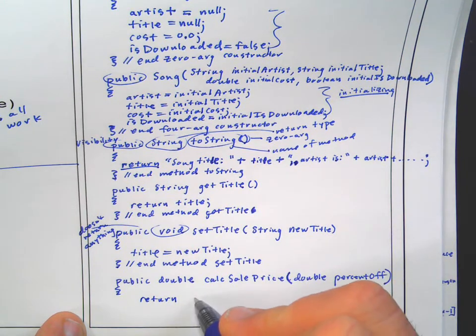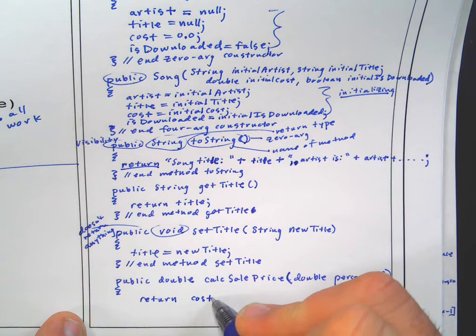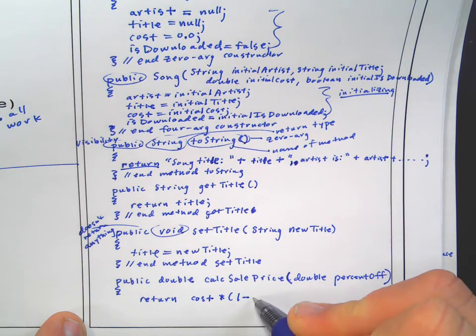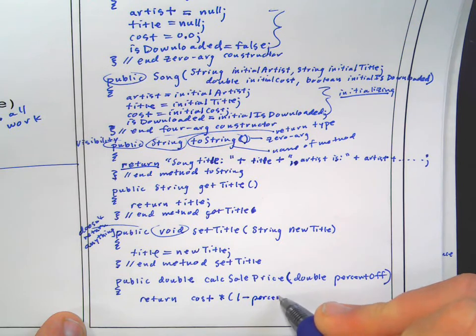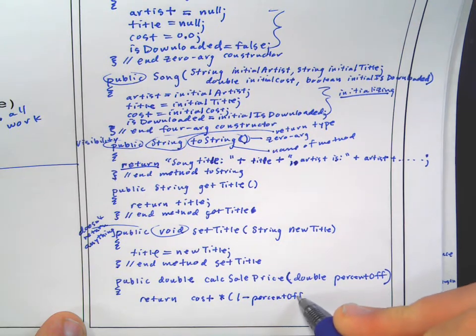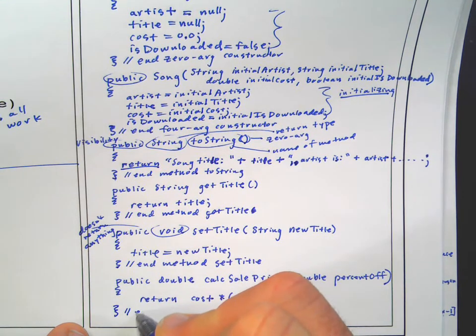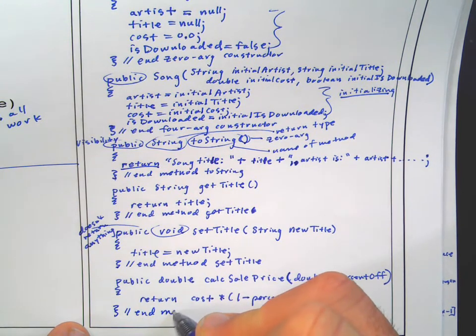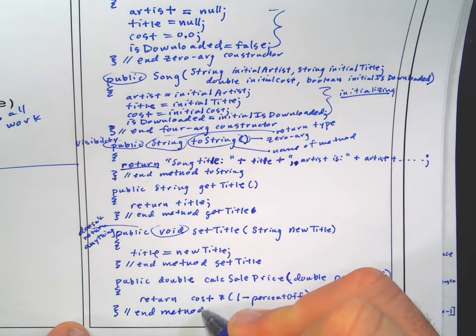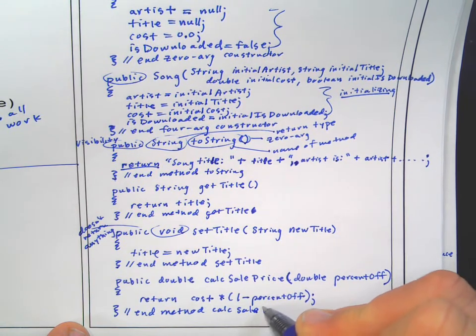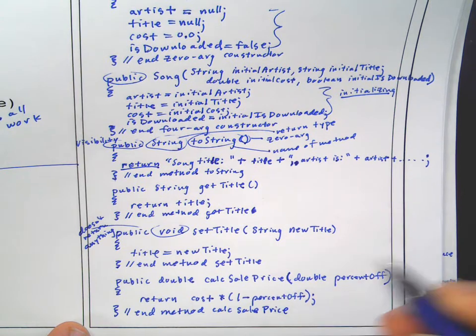We could say it's going to be cost times parentheses 1 minus percent off. I think that would correctly calculate it. And then we'd say end method calc sale price. So that's just a simple example of a processor method.